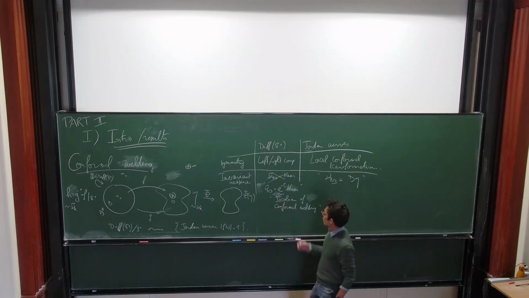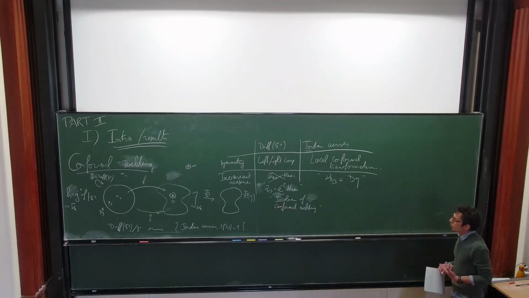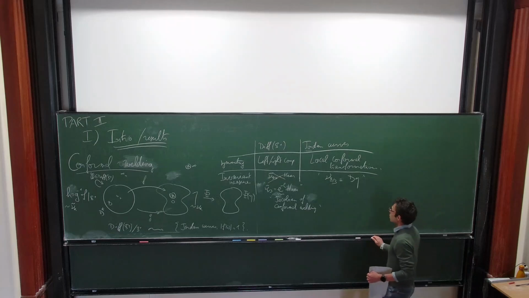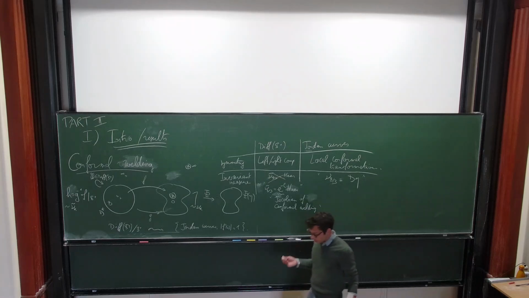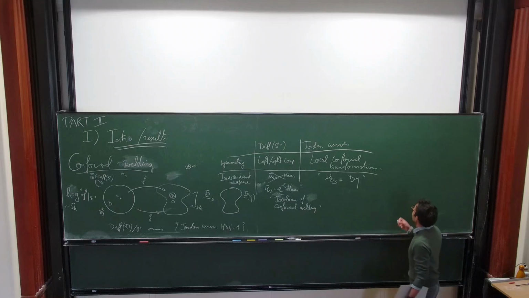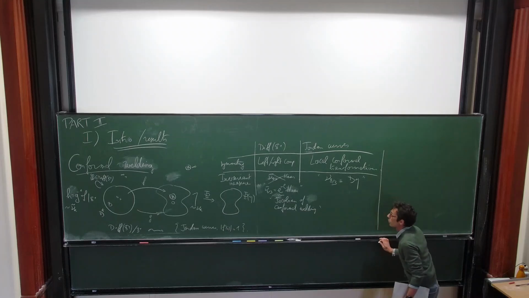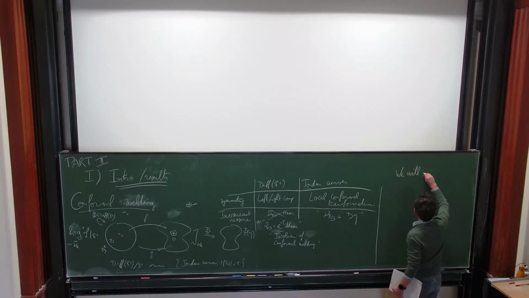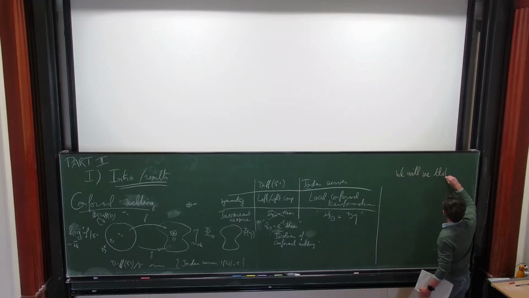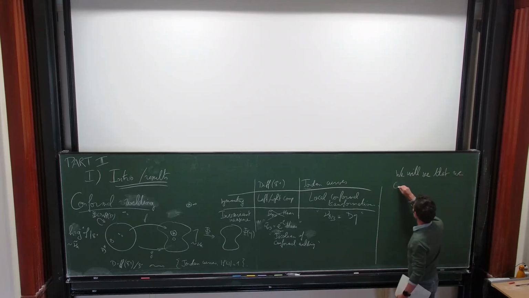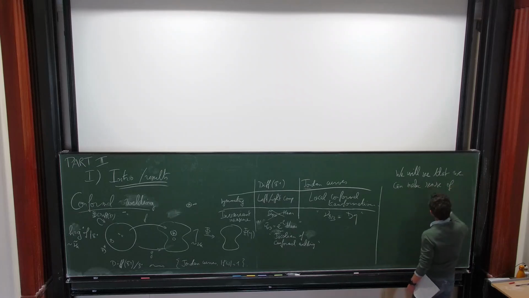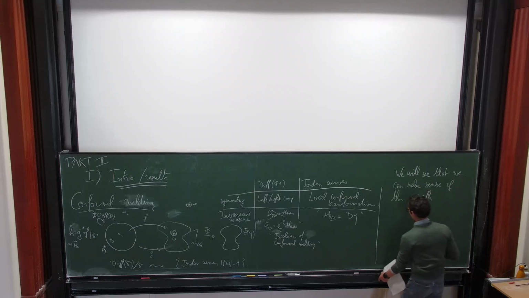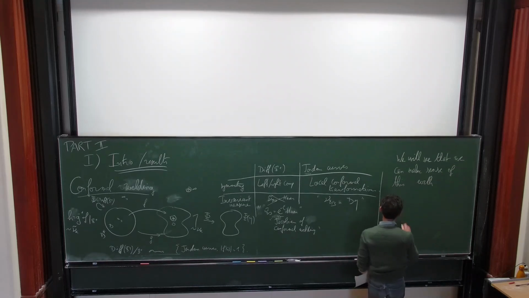So this statement a priori doesn't make any sense, but I will try to convince you that we can make sense of such a statement rigorously, and that we can find a formula for this rho.